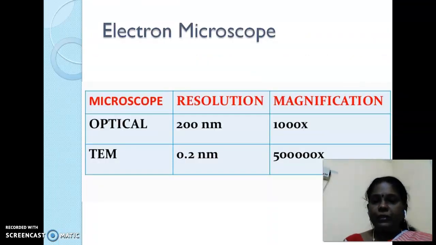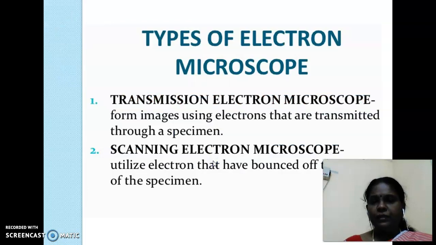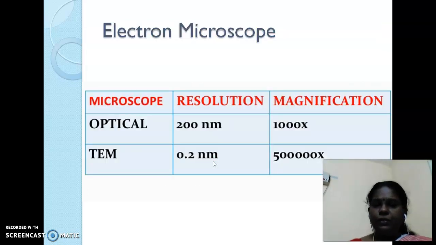With the electron microscope, the resolution can be made very high, 0.2 nanometer, that is, it can distinguish two different objects of this small size, and compared to the resolution of the optical microscope, it is very much higher. So the magnification is greater: in an optical microscope, magnification is of the order 1000, whereas in TEM, we can magnify up to 5 lakh times.